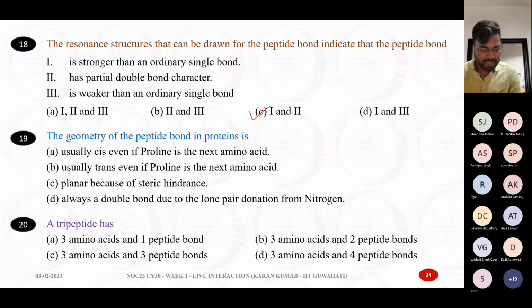Now question number 19. The geometry of the peptide bond in proteins is usually cis if proline is next to the amino group, usually trans when proline is the next amino acid, planar because of resonance, or option D, always a double bond character due to the lone pair donation from the nitrogen.